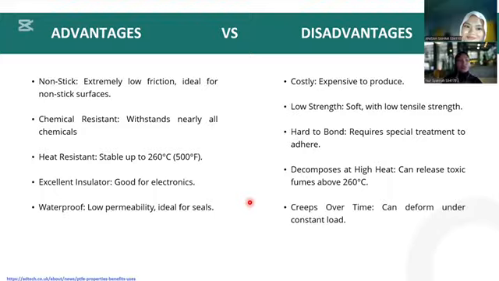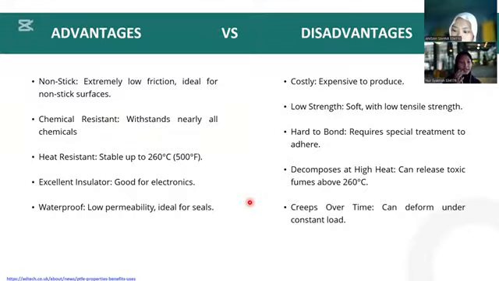So we move on to the advantages and disadvantages of this polymer. Of course, it has non-stick advantages, where it has extremely low friction, ideal for non-stick surfaces, like the example we discussed before.